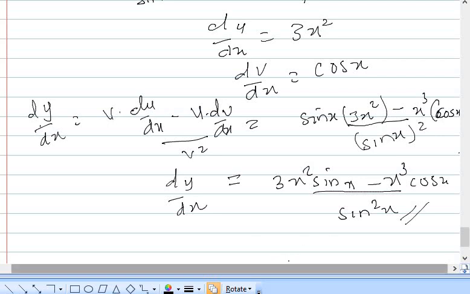So I think we have finished differentiation using the sum rule, the product rule, and the quotient rule, and we have done differentiation using first principles.